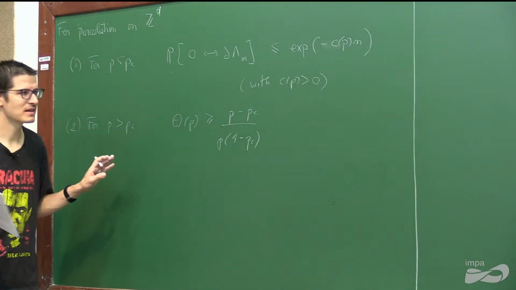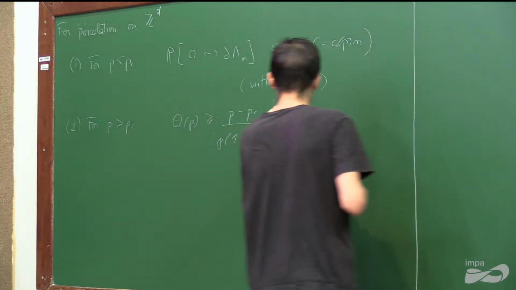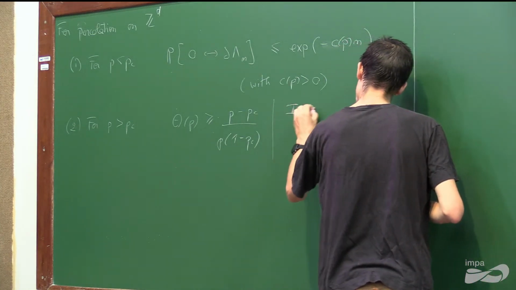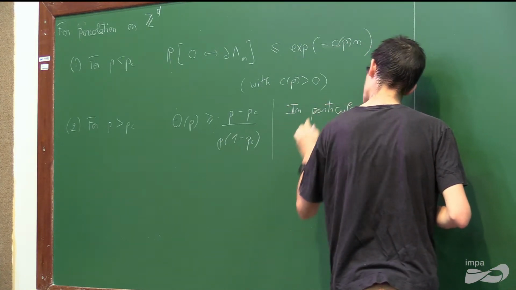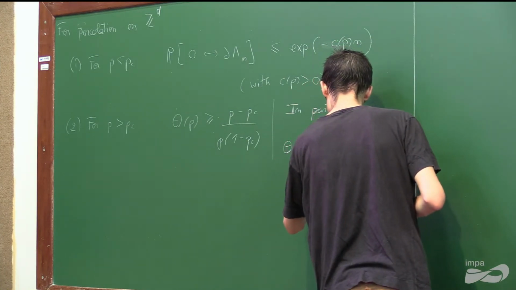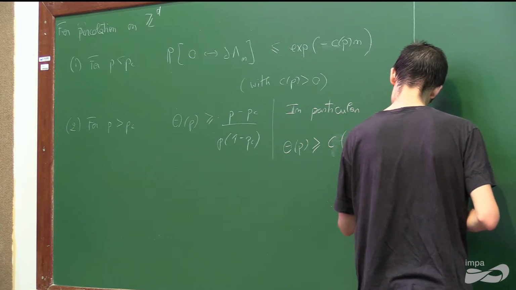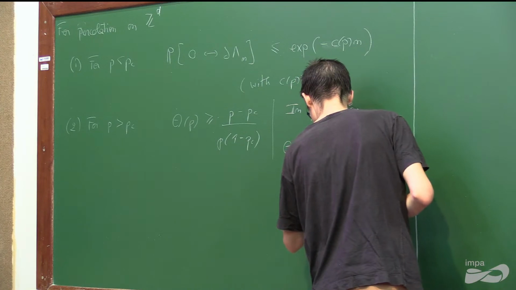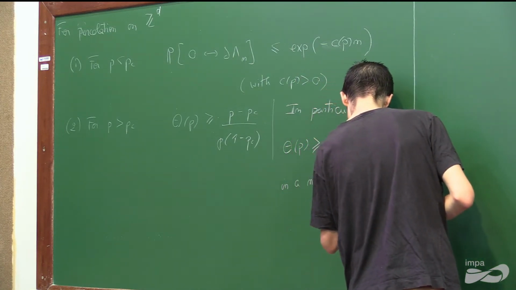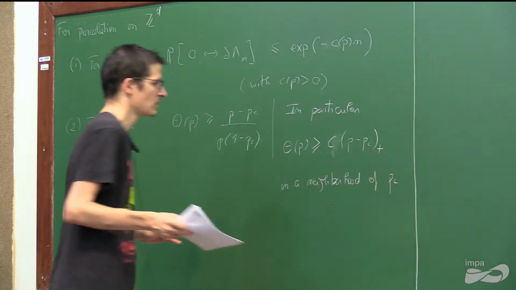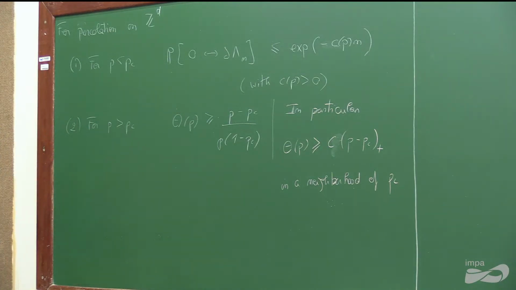And what's significant in this bound is that, at the right neighborhood of p_c, theta(p) increases at least linearly.